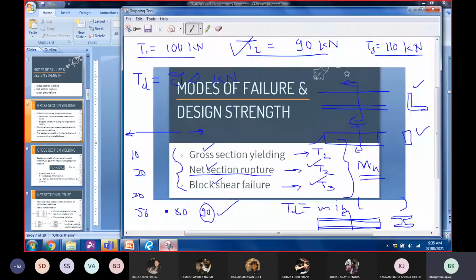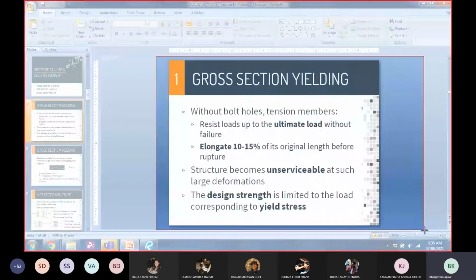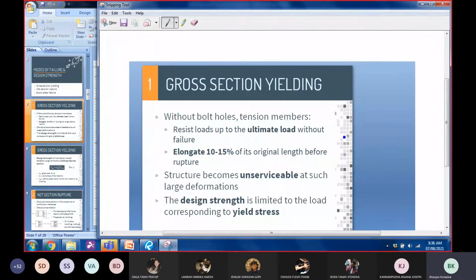Okay, so just to look at our favorite stress strain diagram again. I hope you already know that this is Fy here, and then this is Fu here.